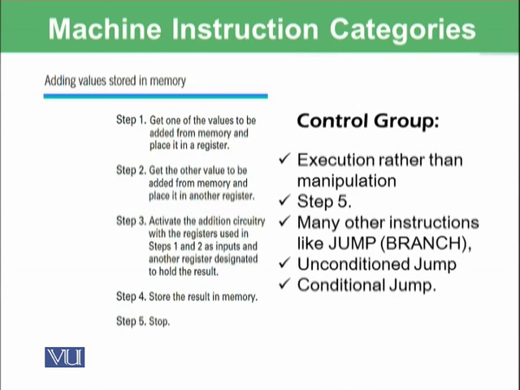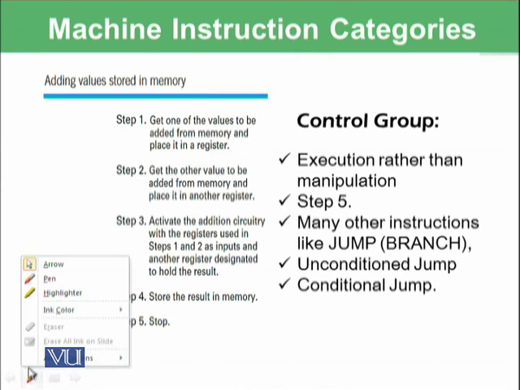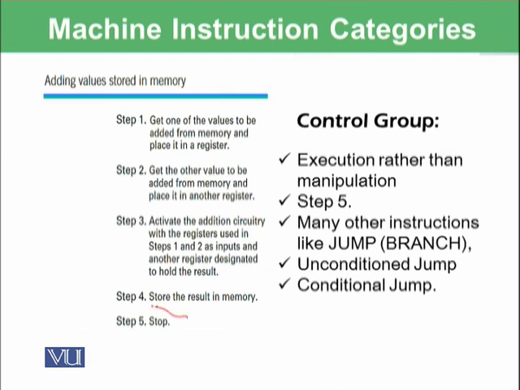Then there is a third group known as the control group, which concerns execution rather than manipulation. It is basically the overall in charge of the CPU, which tells what needs to be done at what time. For example, in the algorithm we learned previously, the step stop is a control group instruction.